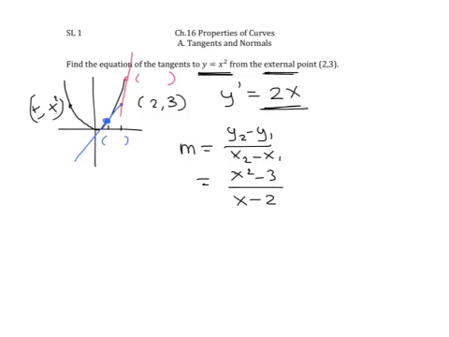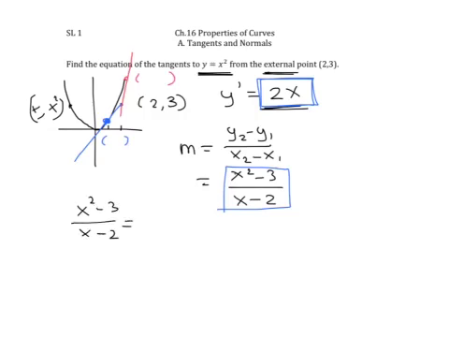That's going to be the slope of a blue line. And when the slope of a blue line is equal to the slope of a curve, that's when they're going to intersect.